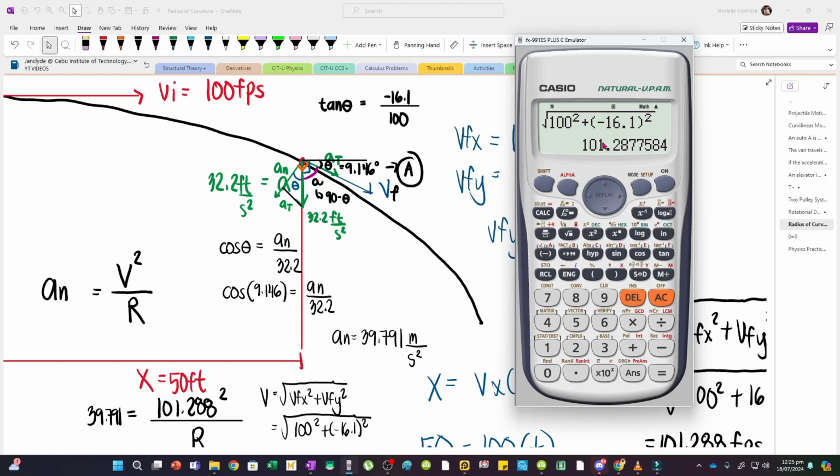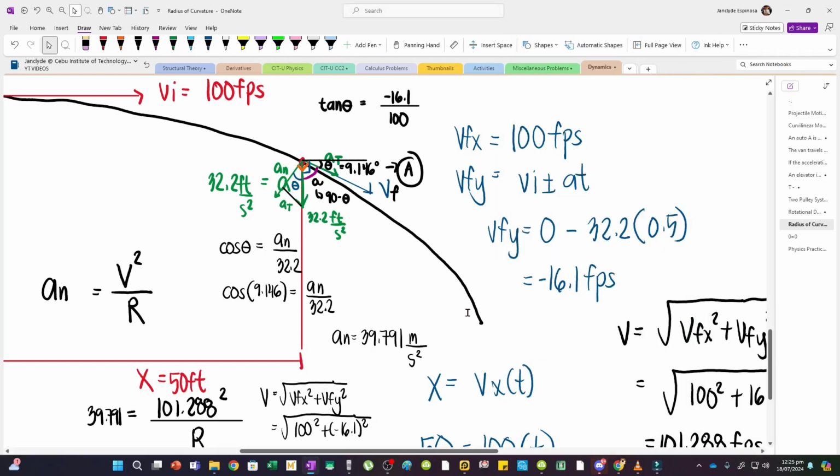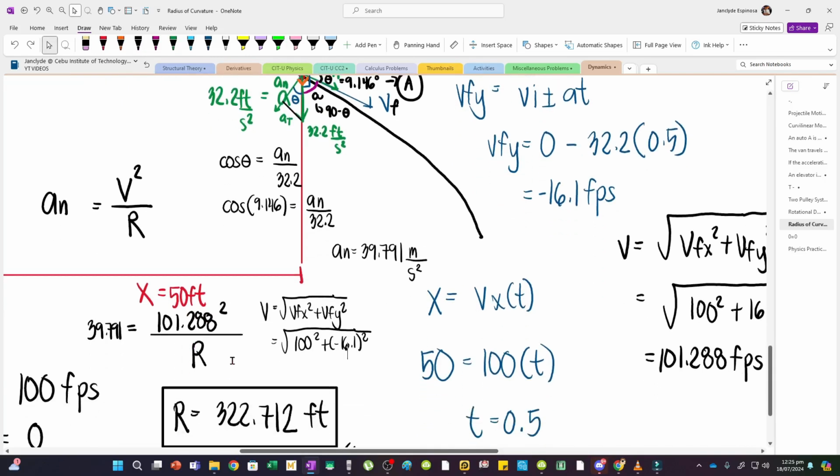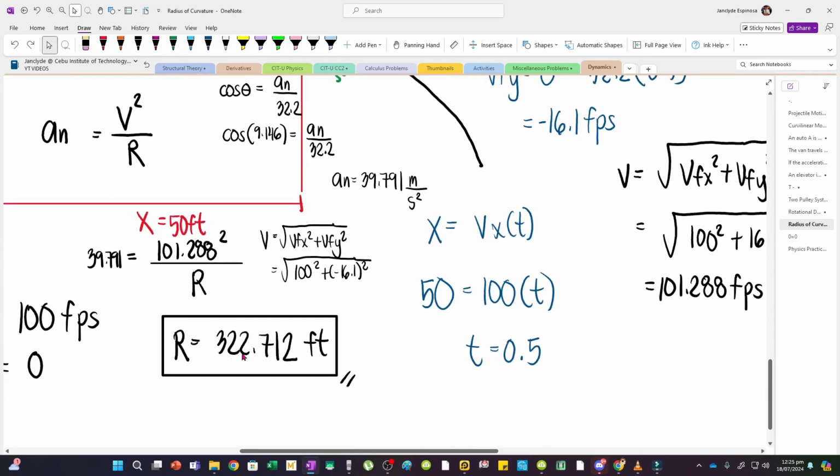So we have 101.288. We substitute this for V and solve R. Solving R, we got a value of 322.712.